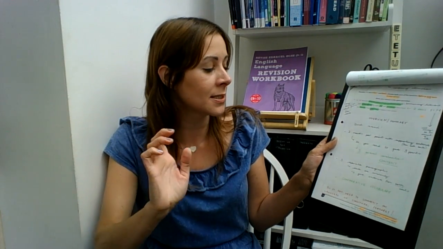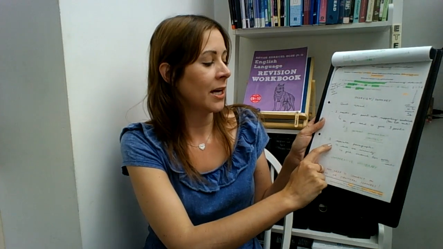That's it. That's your 2 marks. And then you go on and you repeat that process again 2 more times. So you're going to end up with 3 separate paragraphs. They're going to state the similarity and they're going to give evidence from 2 texts.